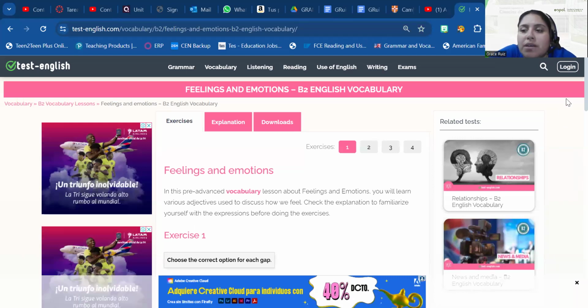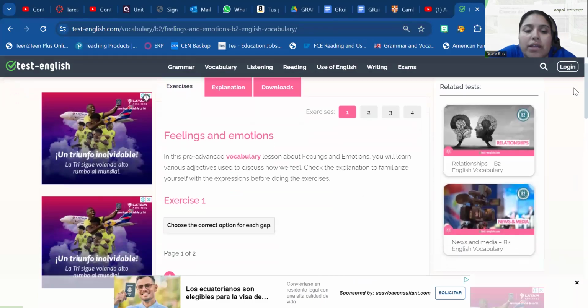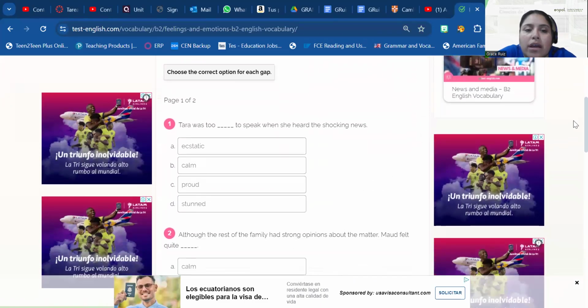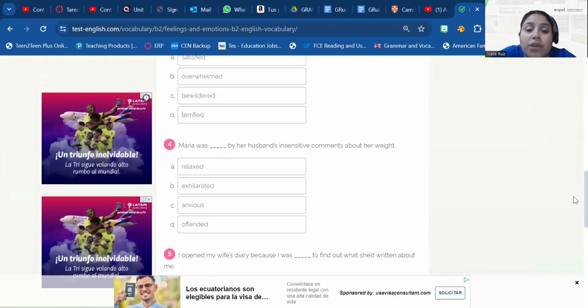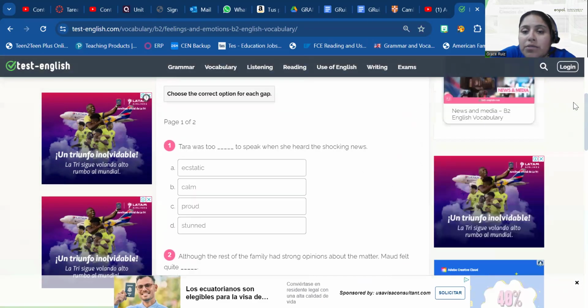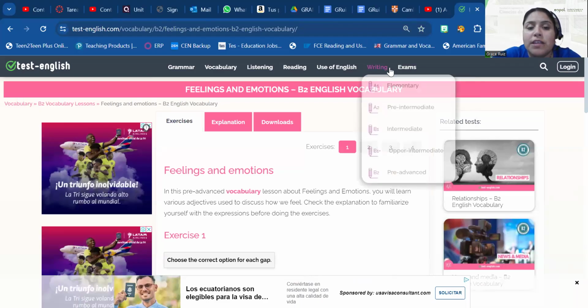These are some activities that we could actually work with. It has to do with feelings and emotions. And we will have to select or choose the correct option. Definitely very good and easy to work with, to practice the vocabulary as far as feelings and emotions goes.